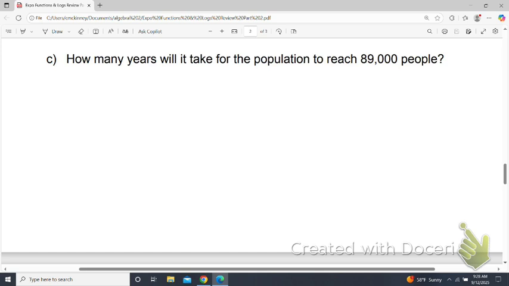I'm still going back to that first equation I wrote, but now we know that the answer is supposed to be 89,000. It still started out at 56,765. The growth rate is still 1.046.